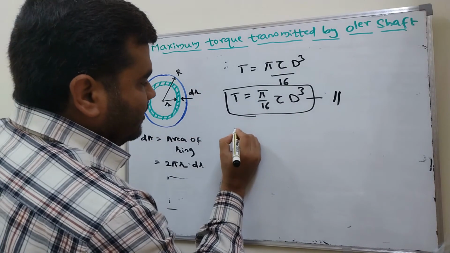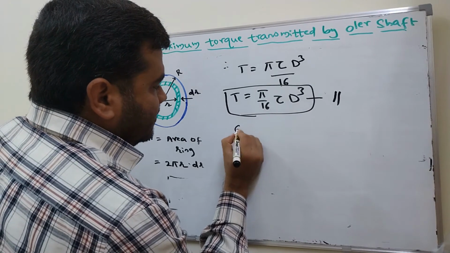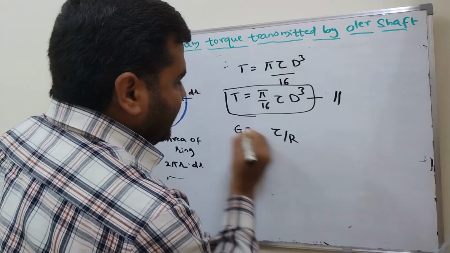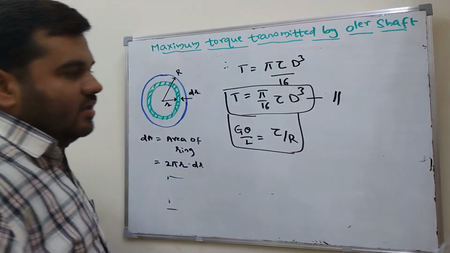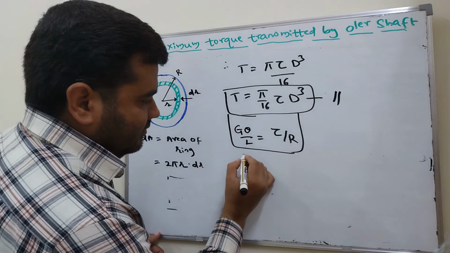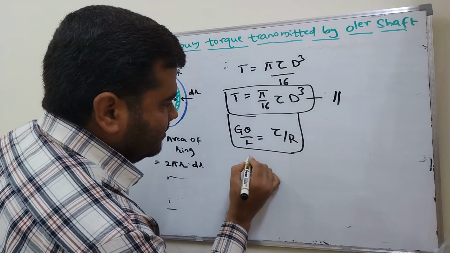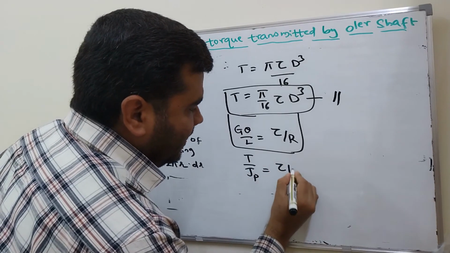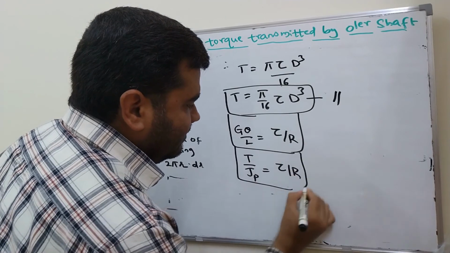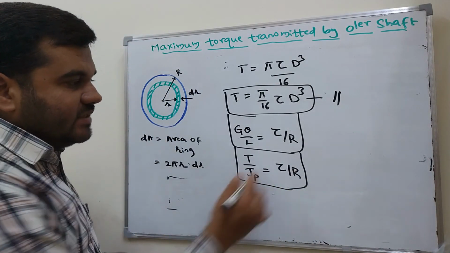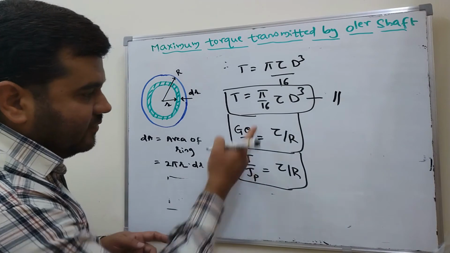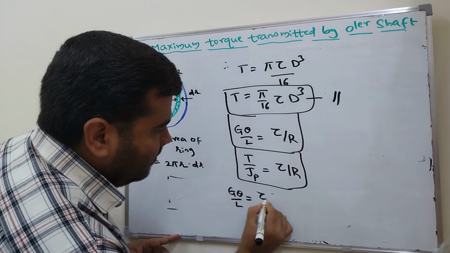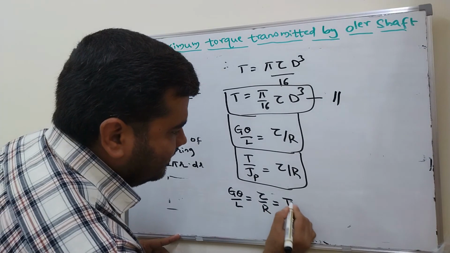One more, G theta by L equal to tau by R. One more relation, T by Jp equal to tau by R. We derived this in the last class, and from these two we get G theta by L equal to tau by R equal to T by Jp.